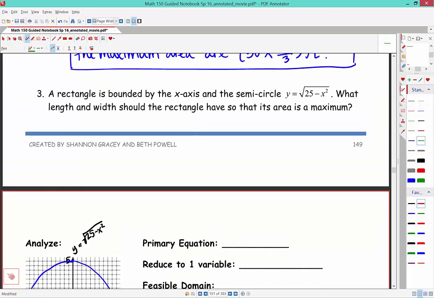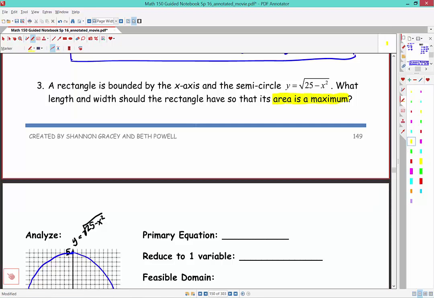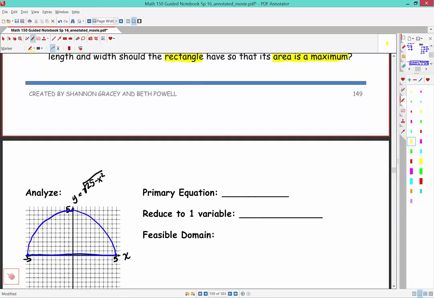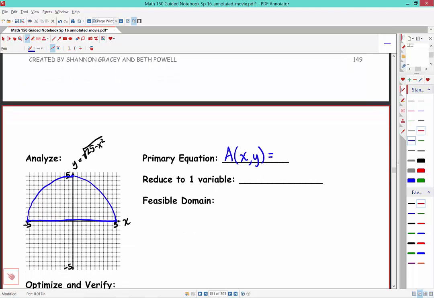So what we want to find is what? Again, good. We want to find maximum area. And the maximum area we're interested in is the maximum area of the rectangle. So our primary equation, area in terms of x and y, is equal to, now we have to figure out what this rectangle would look like.